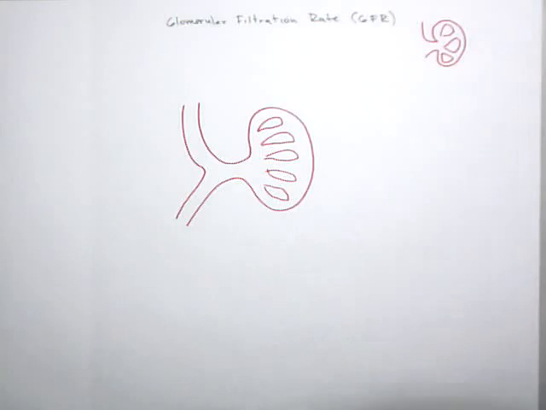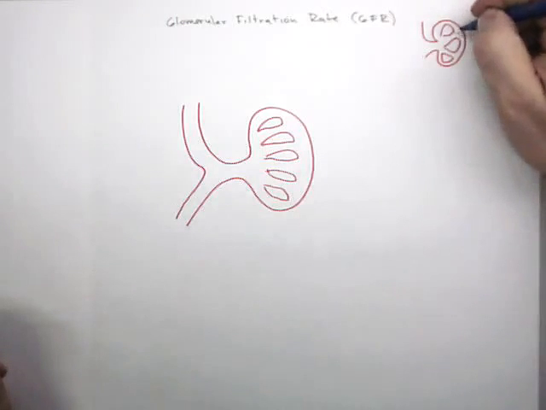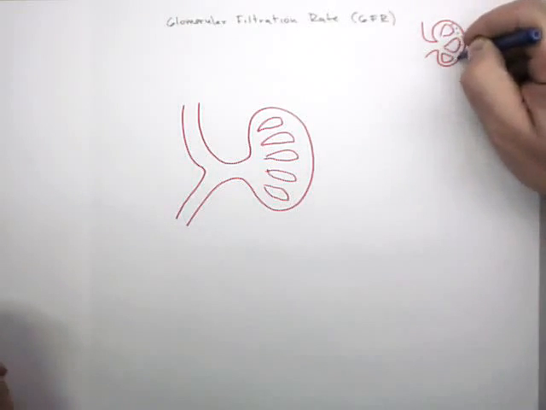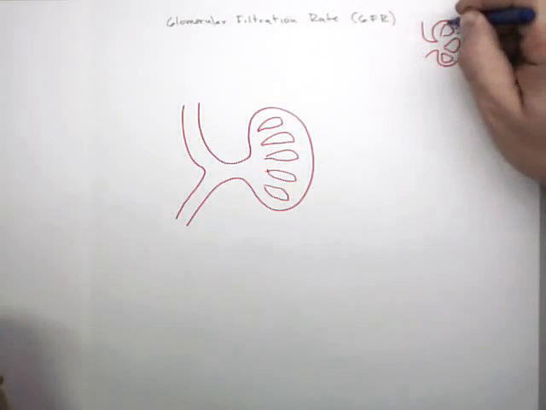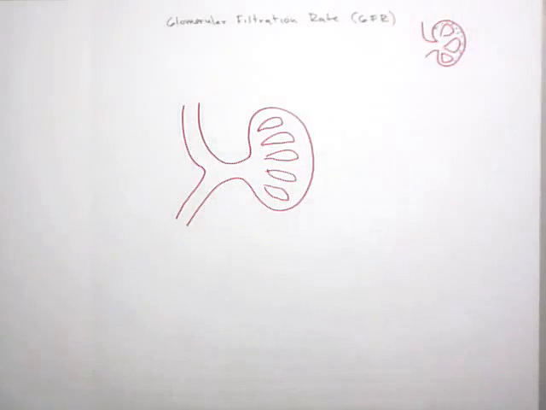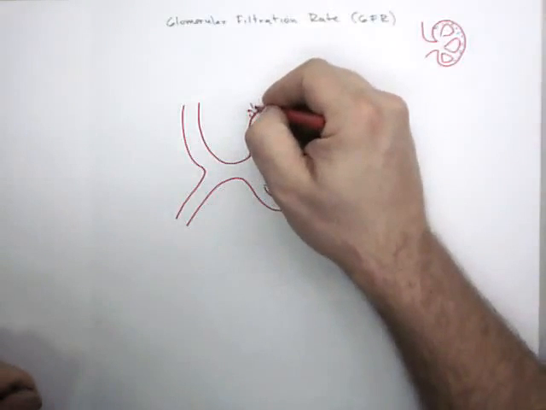And there's about 1 million glomeruli per kidney. So they're very tiny. And they tend to lie right out here in the cortex. There's some deeper ones that are called juxtamedullary, but the main ones, 85% of them, are cortical, and they're out here in the cortex. So this right here is called the glomerulus.